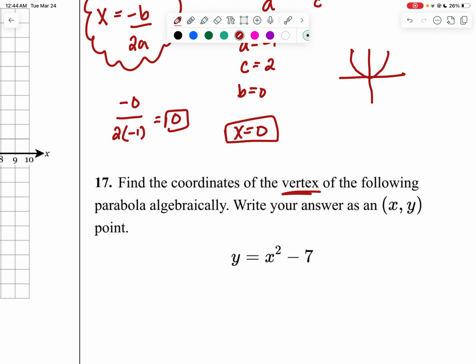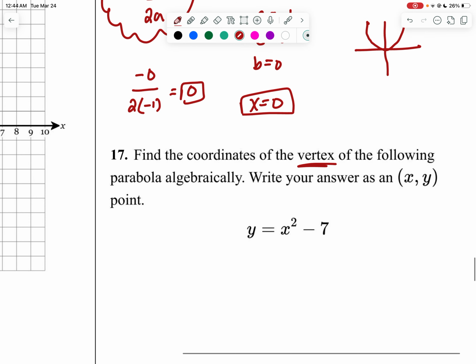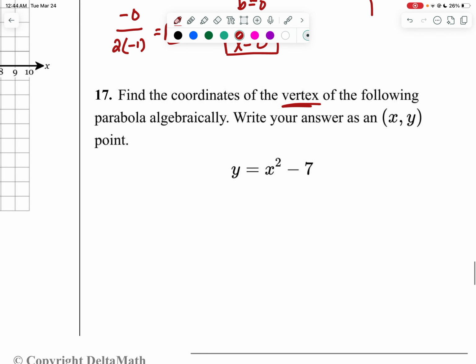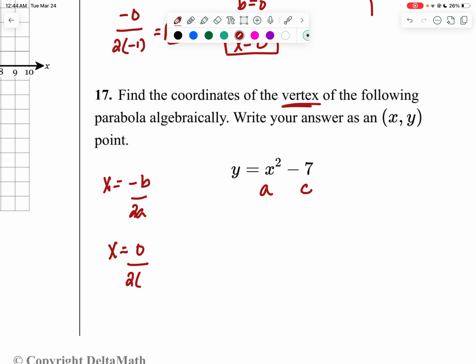Now to find the vertex, you're going to use the negative b over 2a, and then once you do that, plug it back into the equation. So in this case, if I have x is equal to negative b over 2a, I have a, no b, and then I have a c. So then I have 0 over 2 times 1, which is just 0.